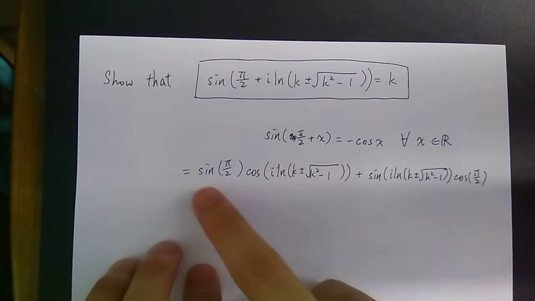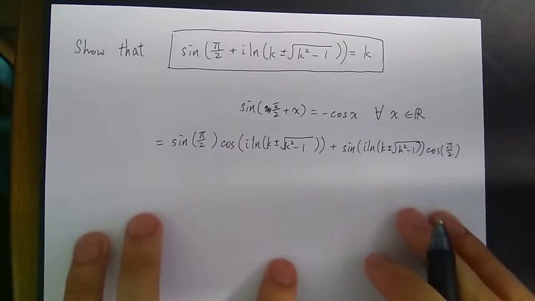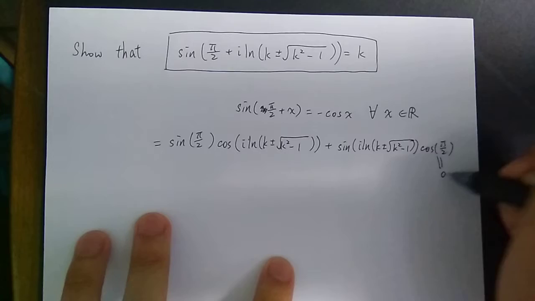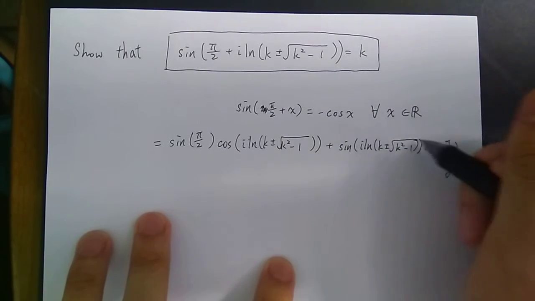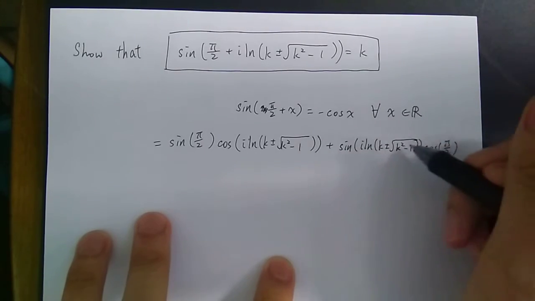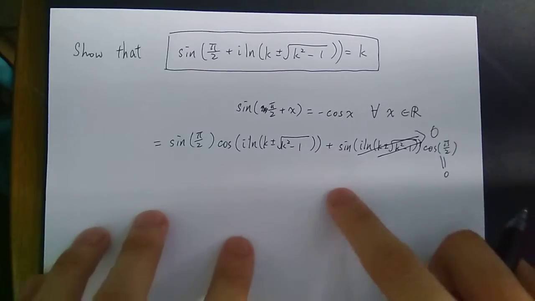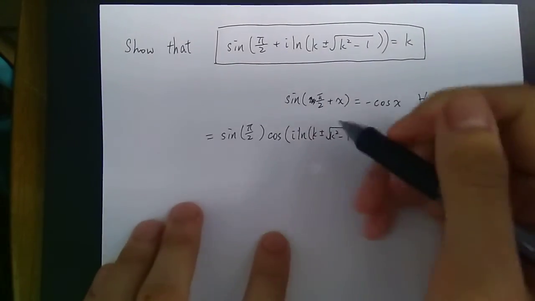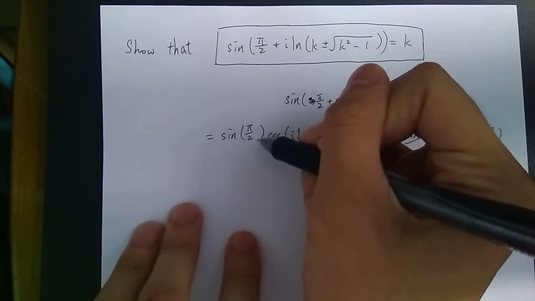We expand in this form, and now we see here's the cosine of pi over 2, and what is this? This equals 0. Cosine of pi over 2 equals 0, and so the whole multiplication will be equal to 0. And so we are left with this term and sine of pi over 2. What is sine of pi over 2?